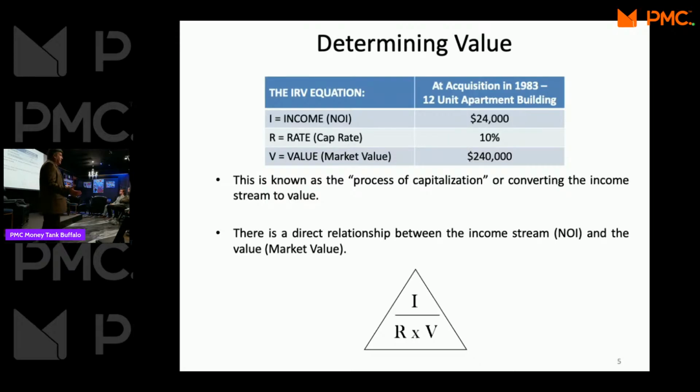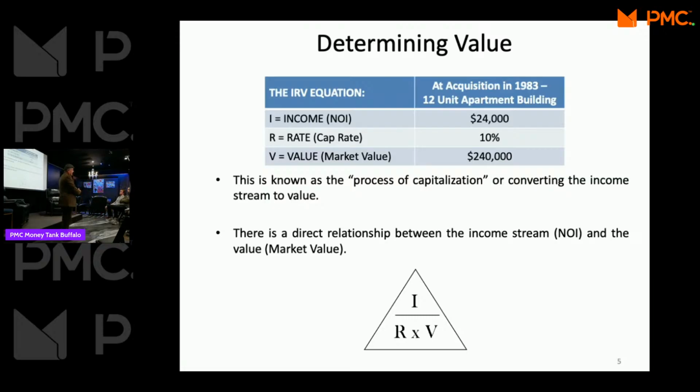How do you determine value? So the ERB equation, here it is on the bottom. It's a formula, right? I represents income, meaning the net operating income. So we start with what we call our potential rental income. From that, we back out our vacancy and credit loss.